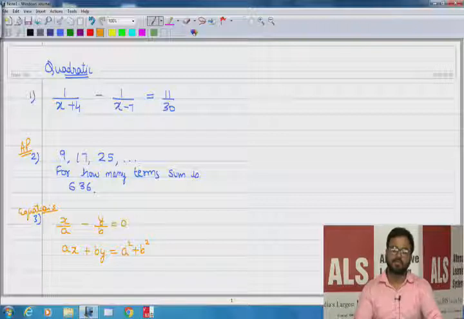I'm writing the formula also for the sum of n terms of AP. This is the formula which you have to use in the second question.